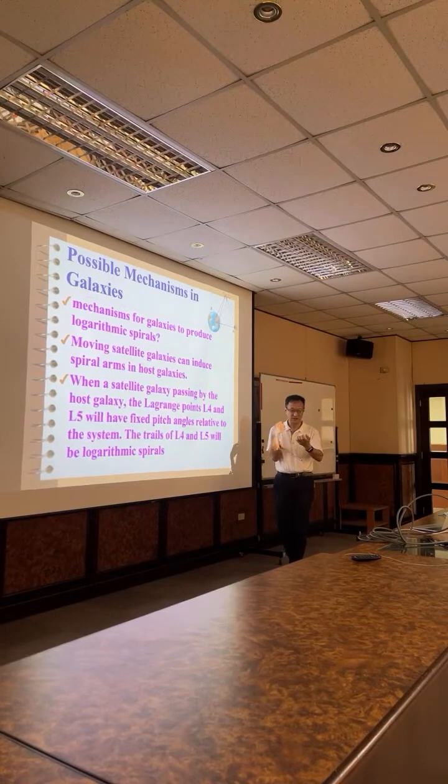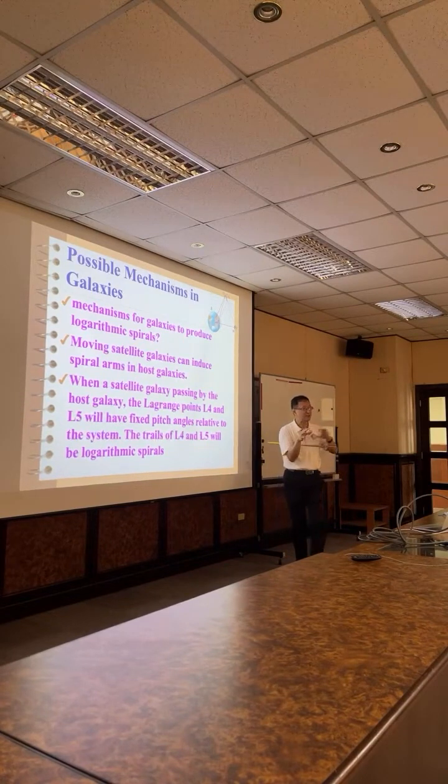So I think that is one possibility to create a logarithmic spiral, where we have a satellite galaxy and a host galaxy, and the spiral line should look logarithmic. That's one way to create it. I don't say this is definitely the answer.